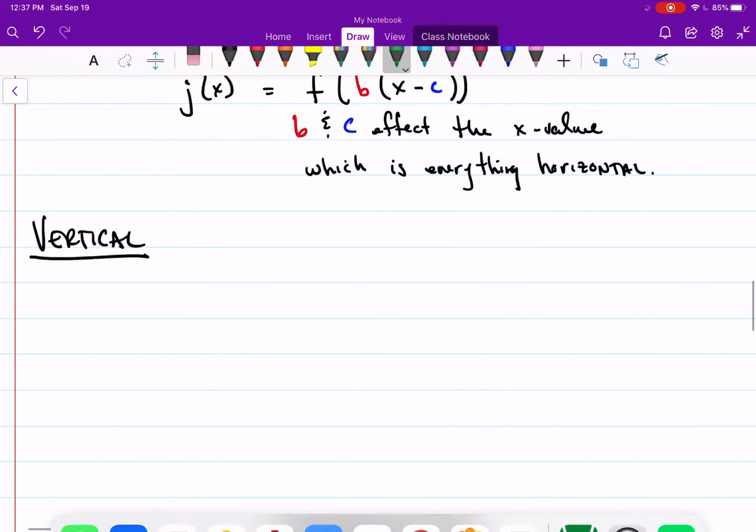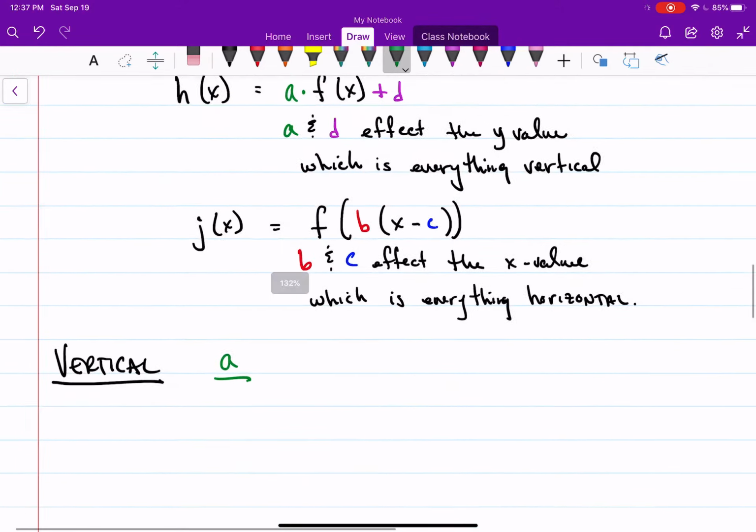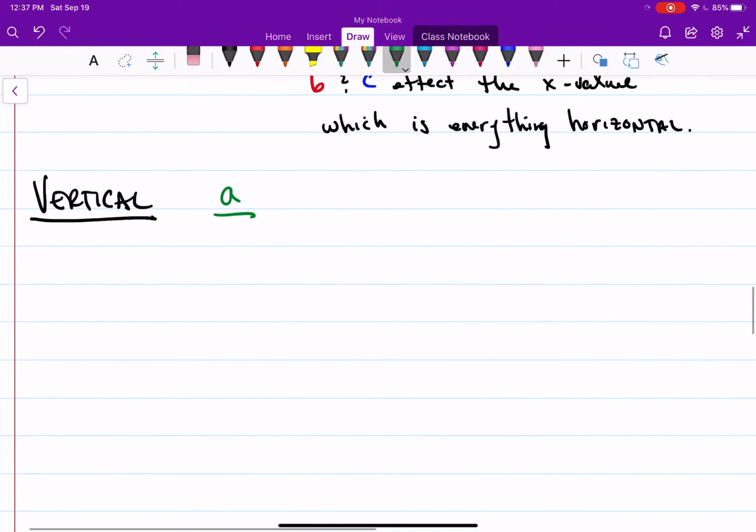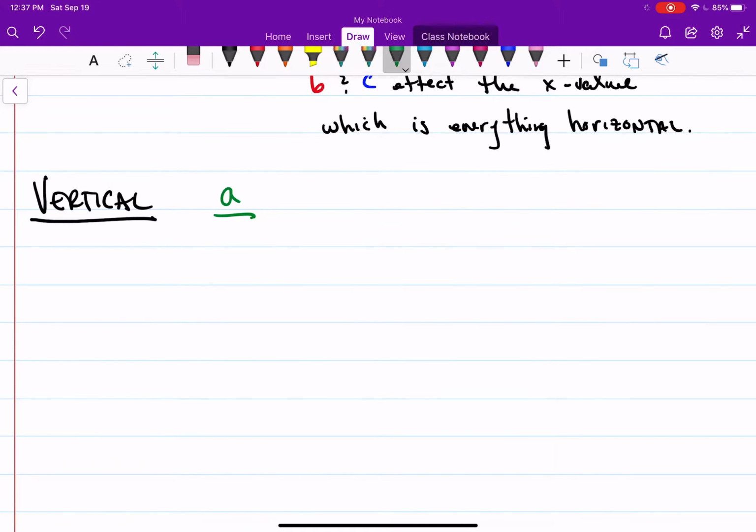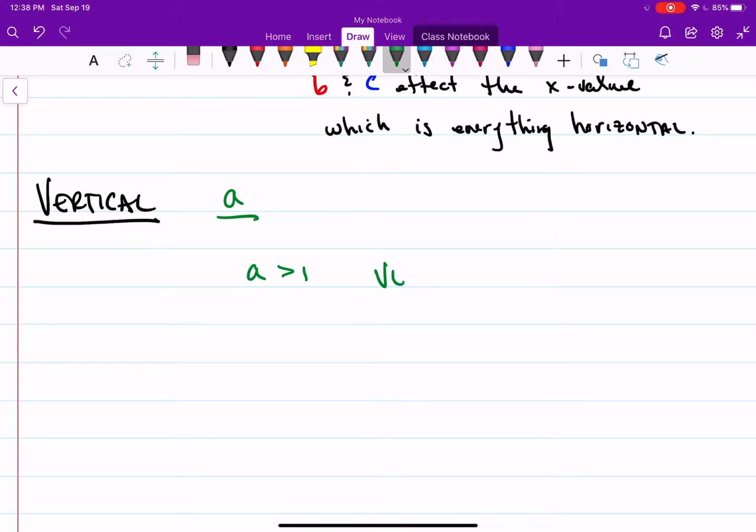Okay, so here we go. The a has several cases here. If the a is greater than 1, that is going to be a vertical stretch.